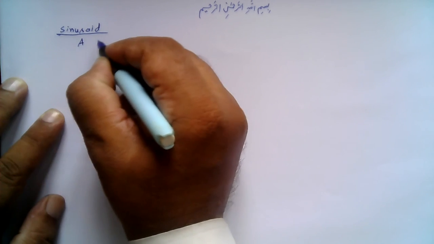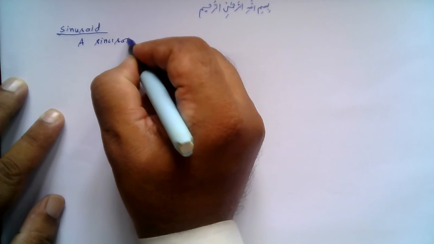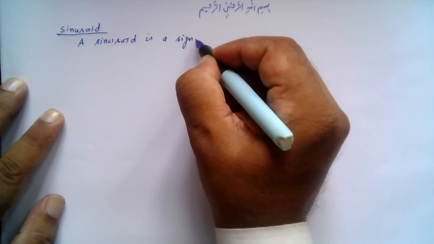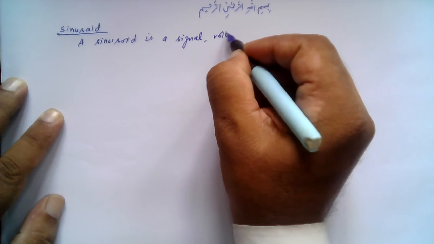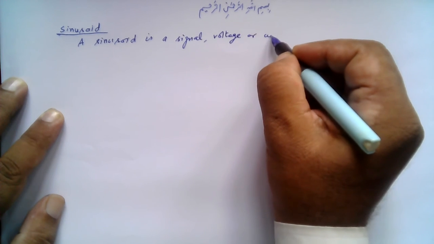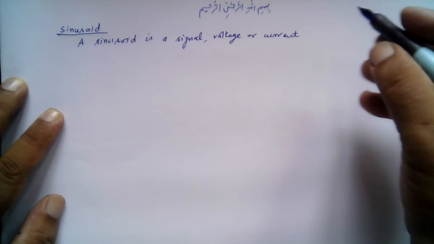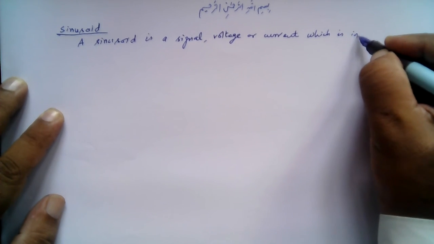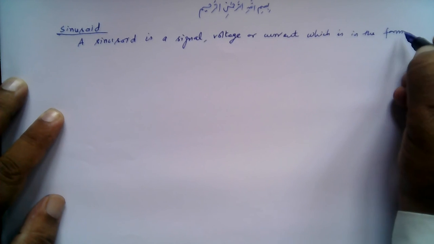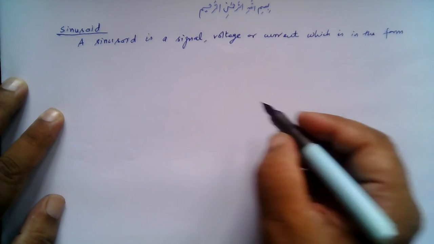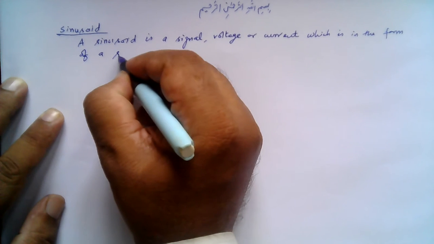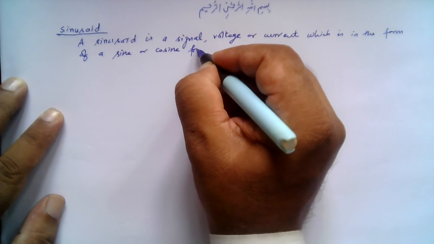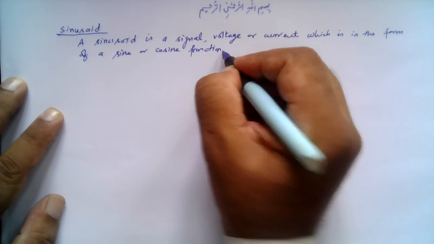A sinusoid is a signal, voltage or current, which is in the form of a sine or cosine function, right?